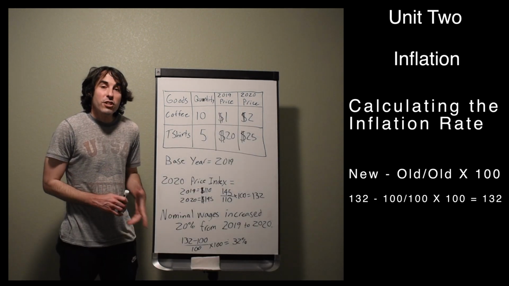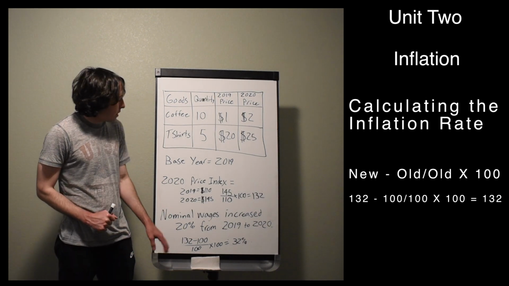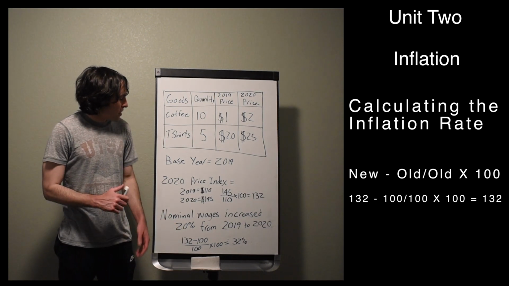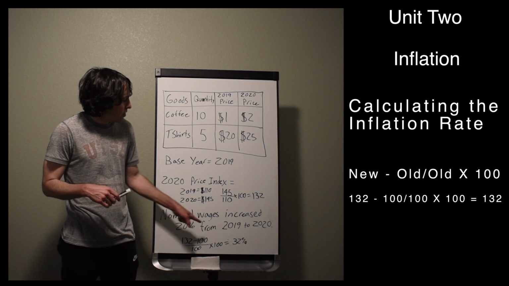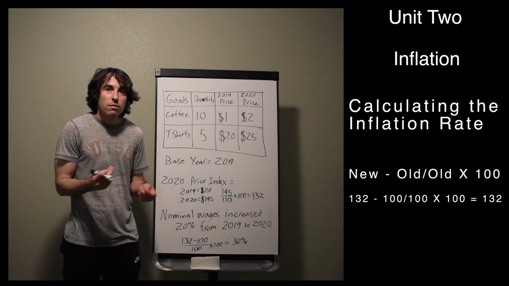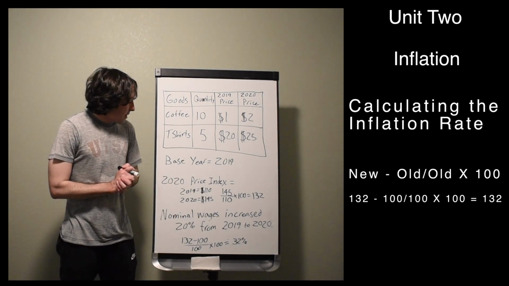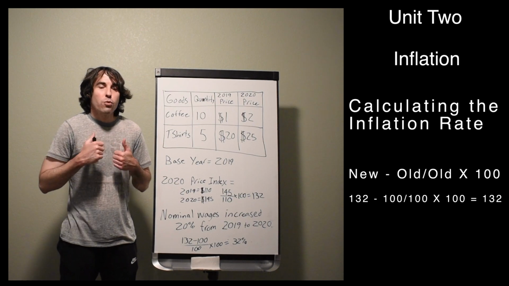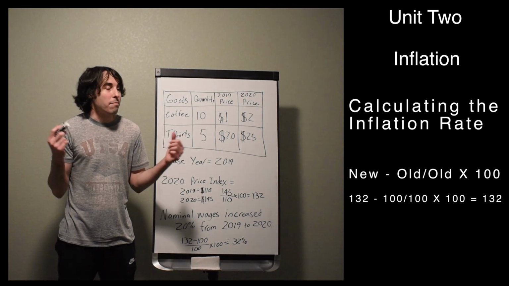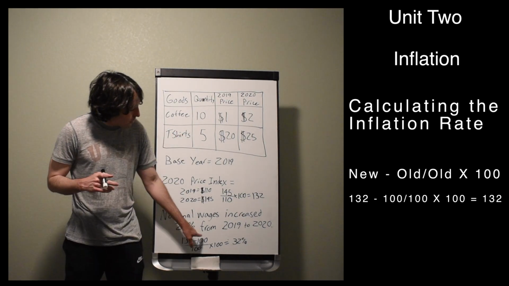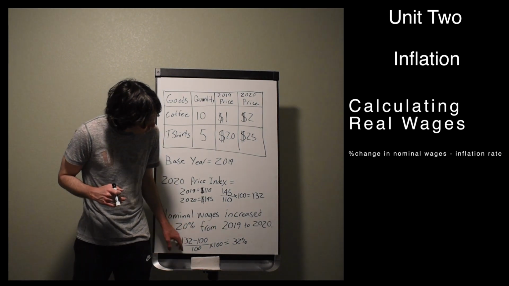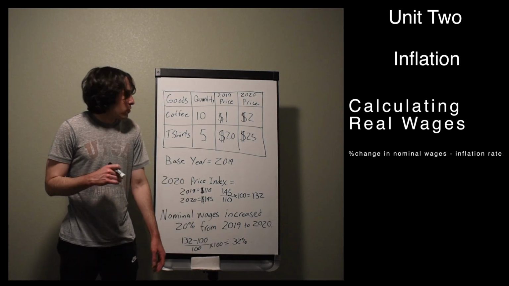Now that we know the inflation rate between 2019 and 2020, we can figure out if an increase in nominal wages of 20% from 2019 to 2020 actually is a good thing. You might think at face value, I'm getting paid 20% more, that's great, I'm making more money. The only problem is your pay is going up by 20%, but prices are going up by 32%.